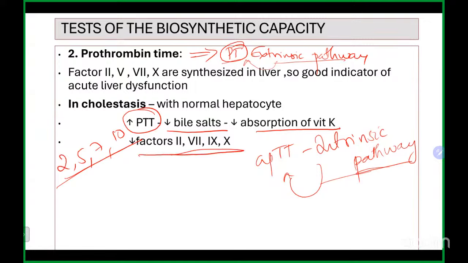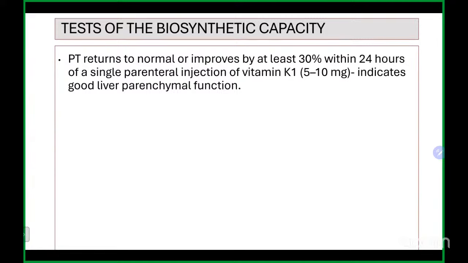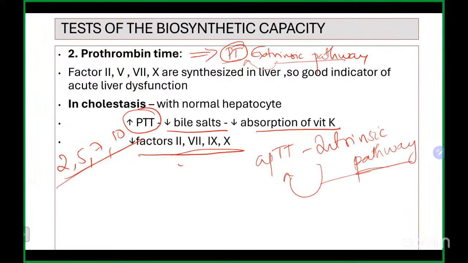Sorry, 2, 7, 9, 10 are your vitamin K dependent factors. 2, 5, 7, 10 are produced in the liver. 2, 7, 9, 10 are vitamin K dependent.